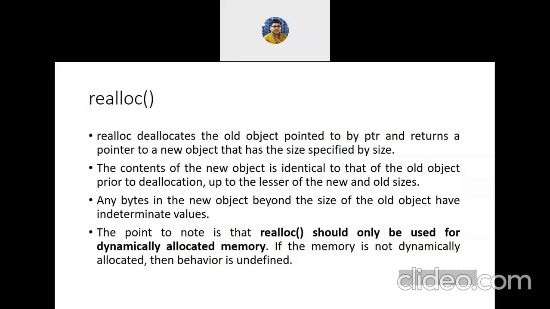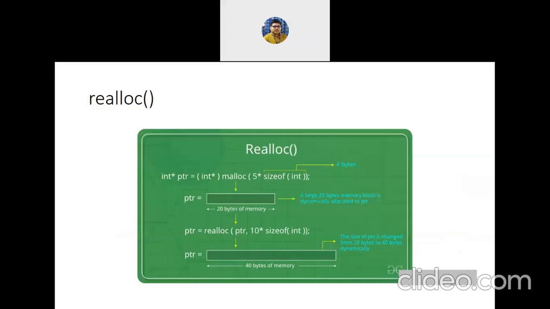if you dynamically allocated memory. If you use dynamically allocated memory, that means you have already allocated memory by using some dynamic memory allocation method, either realloc or malloc. So the realloc function and malloc function are used for dynamically allocating memory.